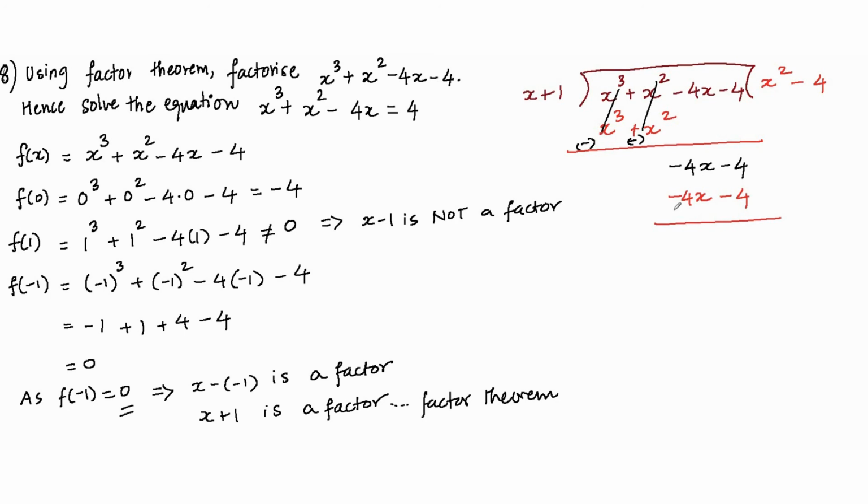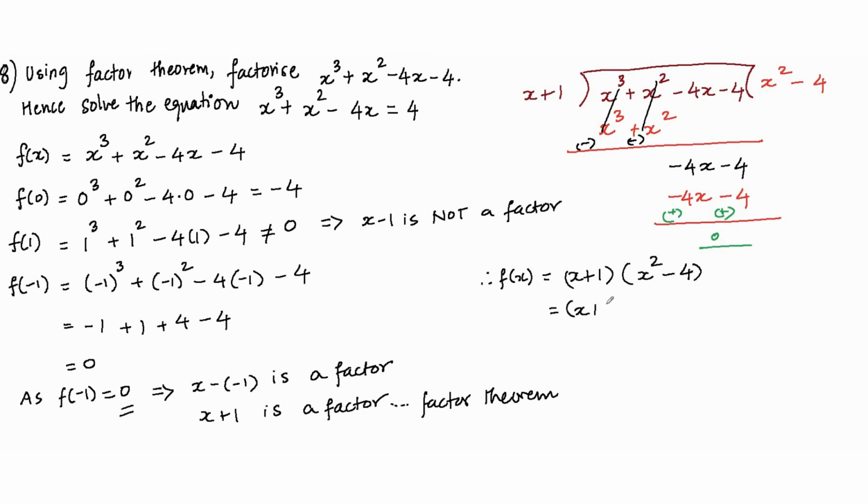Again, when I subtract, I have to flip the signs, and therefore my remainder is 0, which is expected because x plus 1 is a factor. Therefore, my f of x can be written as x plus 1, that's the divisor, multiplied by the quotient, which is x square minus 4.